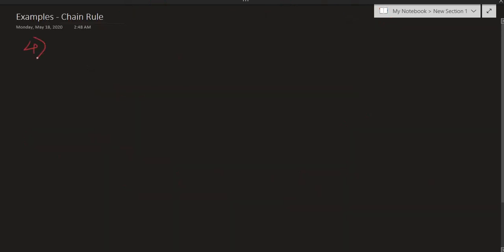So example number 4 under the chain rule. Let's define the function y to be the secant of the tangent of square root of x. As you might notice, we have three functions and two are inside the first function. So it's like having three walls.